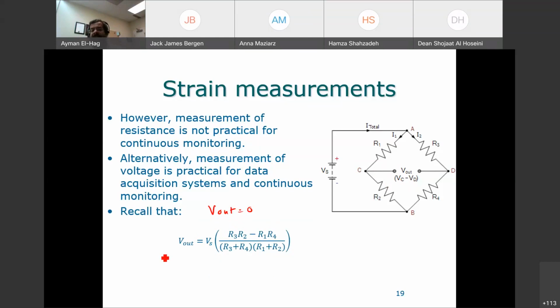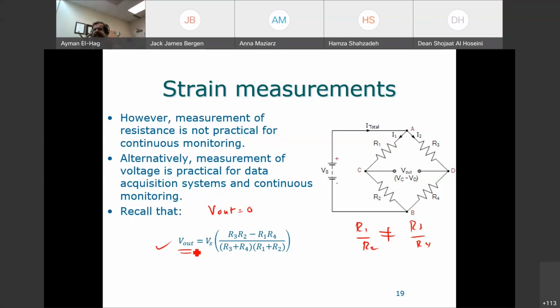But if there is any change in the resistance and R1 over R2 is no longer equal to R3 over R4, then you will have a voltage that you can measure. So we start with a condition of balance, meaning V out is equal to 0. And then once there is a change in the resistance, somehow, we will see different configurations in the coming slides, then we will have a V out.